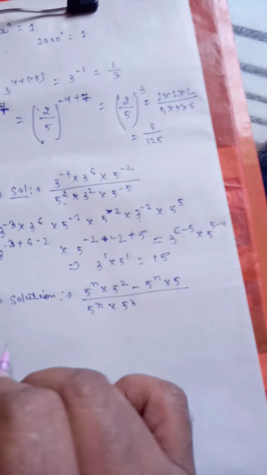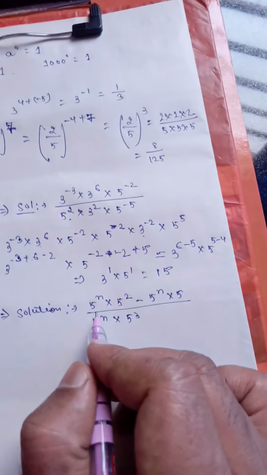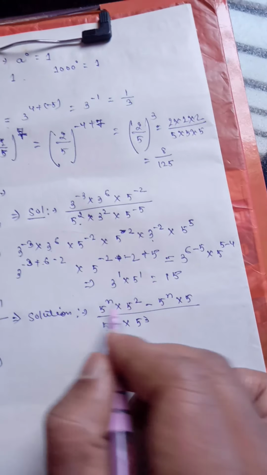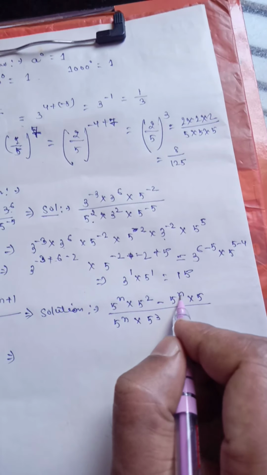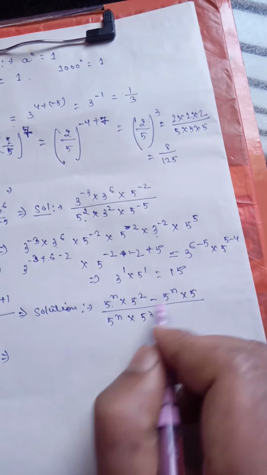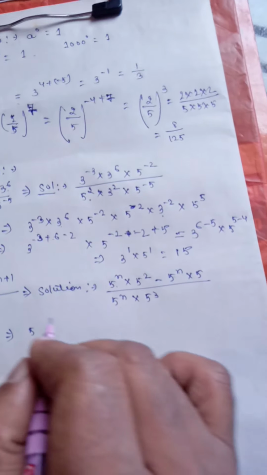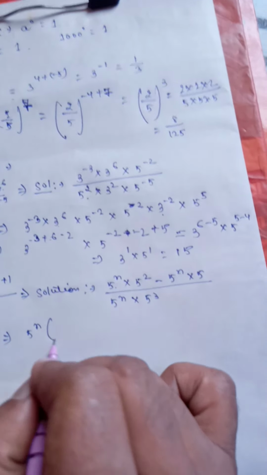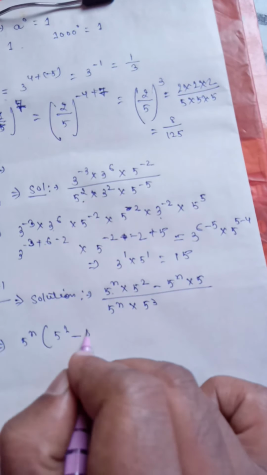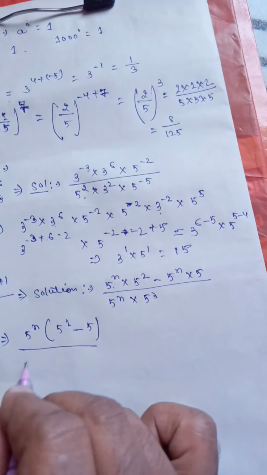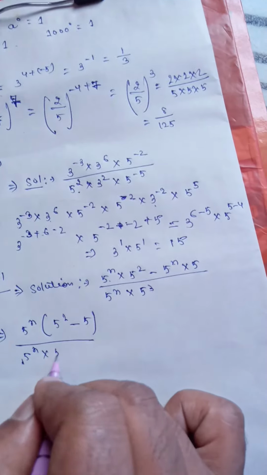Okay, now take 5 raised to power n and 5 raised to power n. Both are common in both sides. So take 5 raised to power n common: 5 square minus 5 upon 5 raised to power n into 5 raised to power 3.